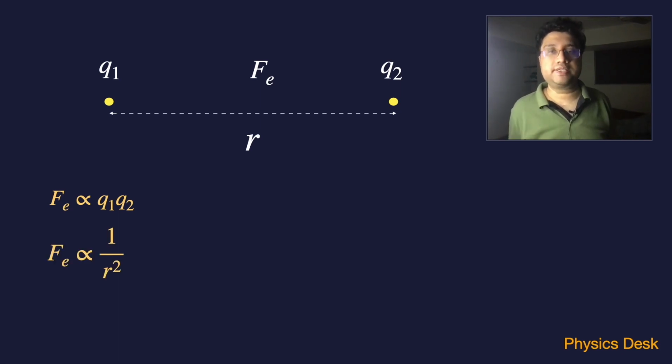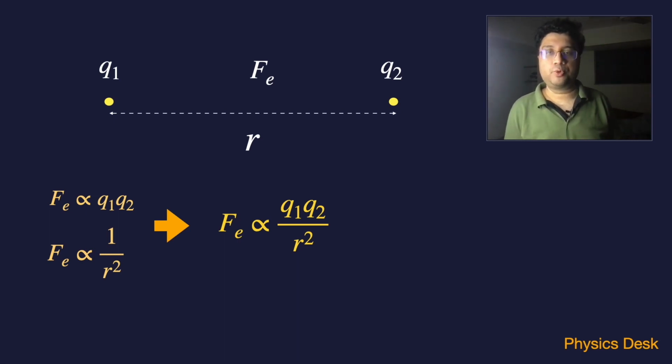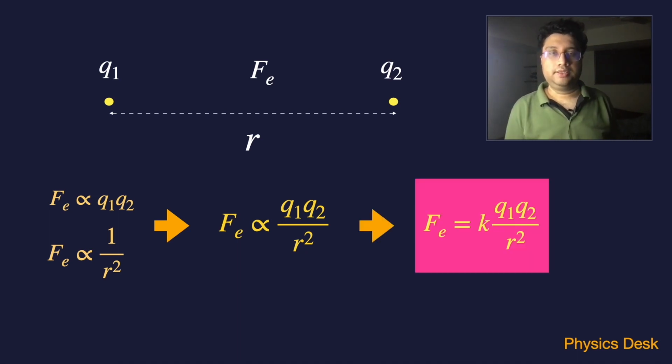And it's inversely proportional to the square of distance between them. That means Fe is proportional to 1/R². If you combine all the proportionalities, we get the electrostatic force between two point charges, Fe, proportional to Q1 Q2 / R². This proportionality can be eliminated by adding a constant K, finally giving us Coulomb's law as Fe = K Q1 Q2 / R².